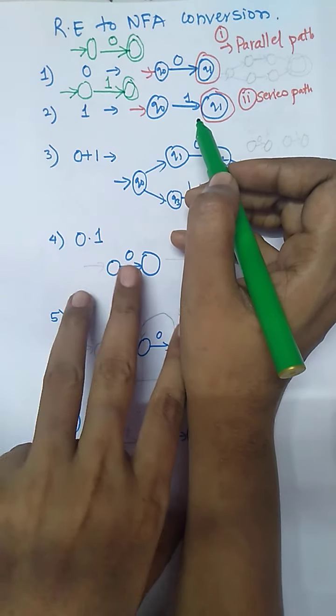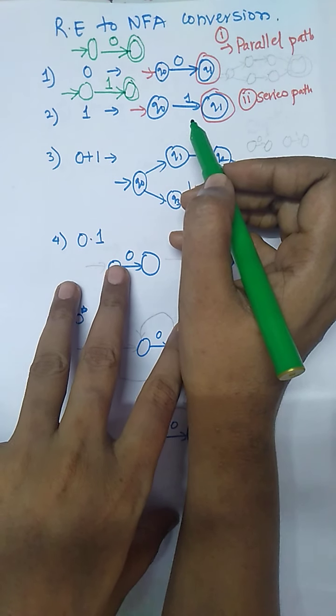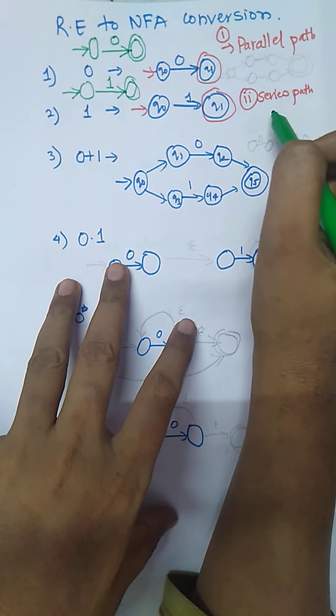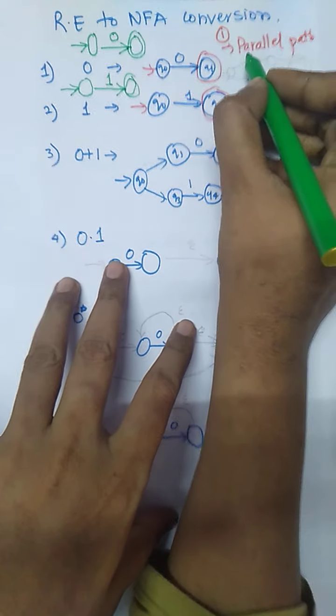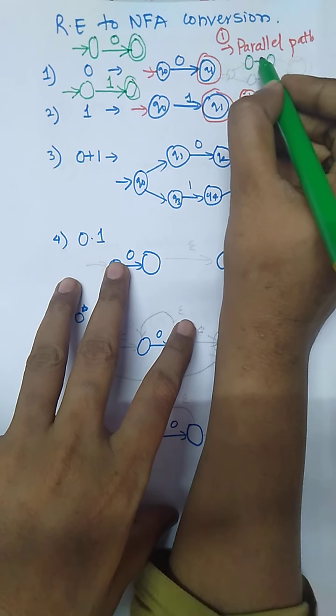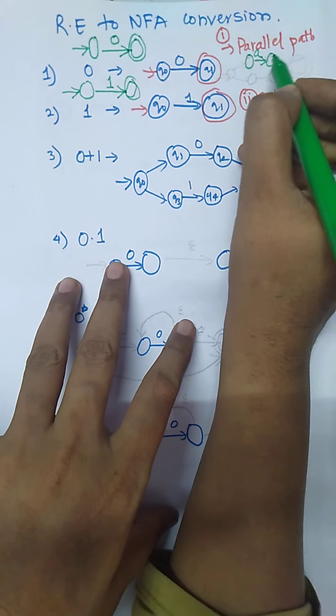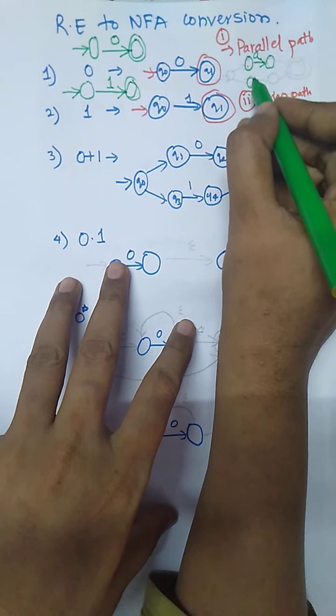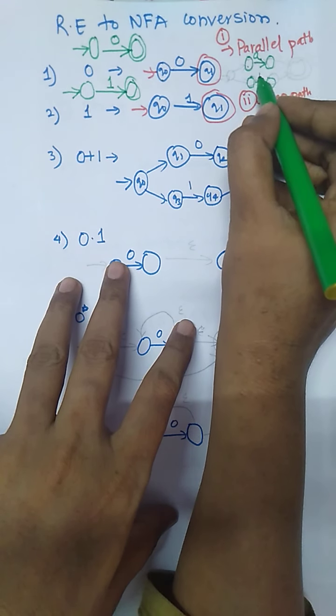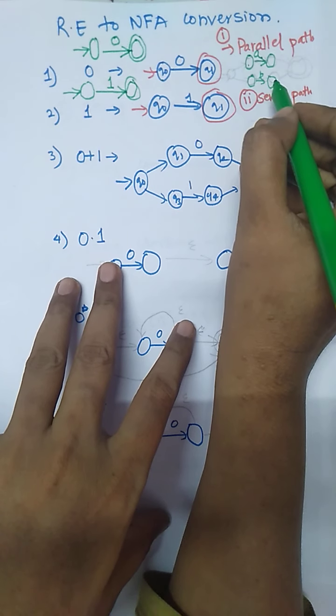Now afterward we are going to consider two more things, which are called a parallel path and a series path. What is there in a parallel path? For example, A is coming from this state to this state. The second path is B, coming from this state to this state.